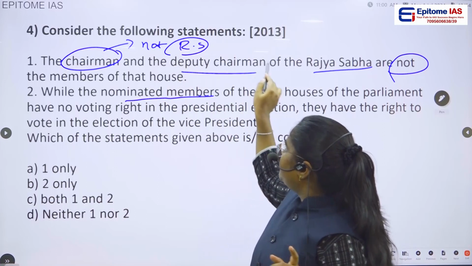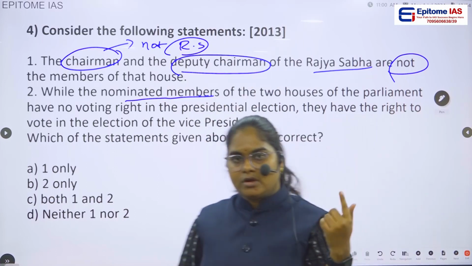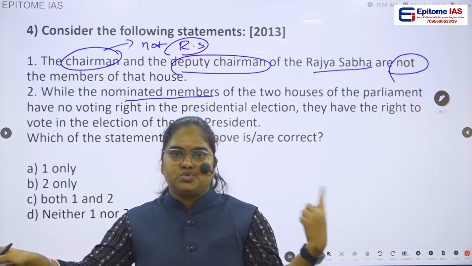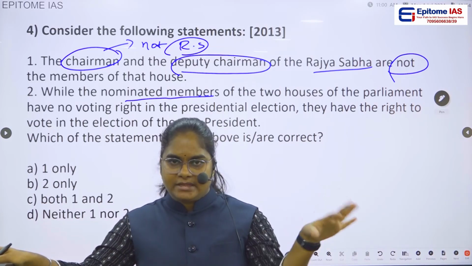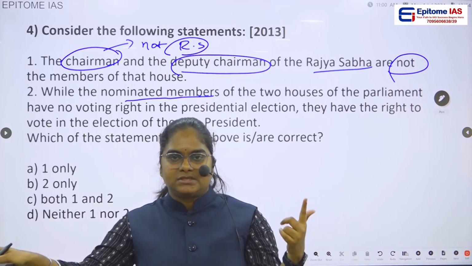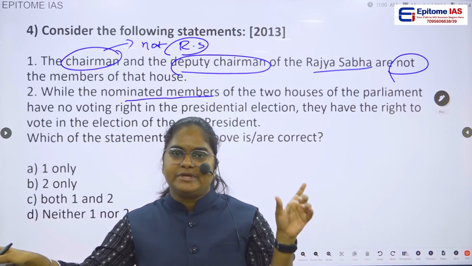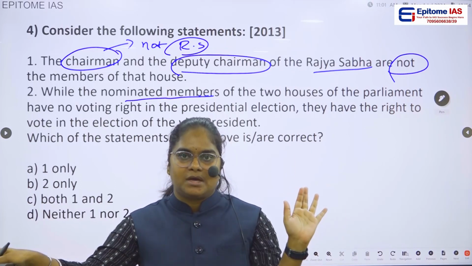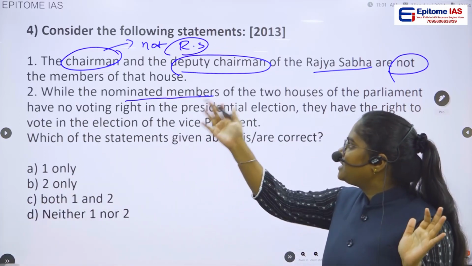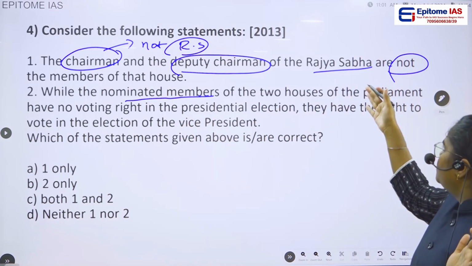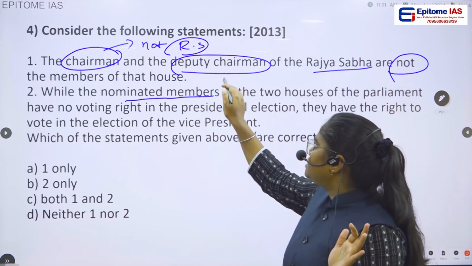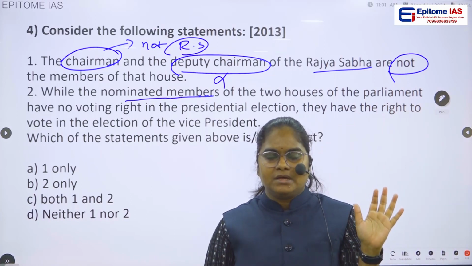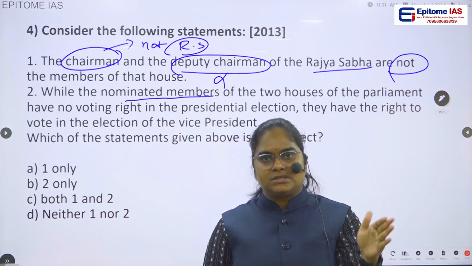But the deputy chairman is actually a member of Rajya Sabha. He is chosen among the members of Rajya Sabha by election. The members of Rajya Sabha vote for this deputy chairman. So technically, the deputy chairman belongs to the Rajya Sabha. So what they are saying in the first statement, that both are not members of Rajya Sabha, is wrong. Why? Because only the chairman is not a member of Rajya Sabha, but the deputy chairman is a member of Rajya Sabha.